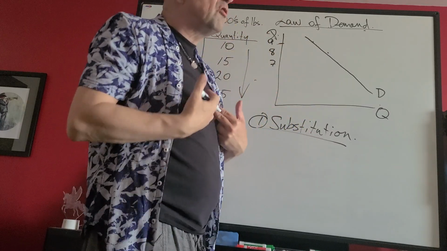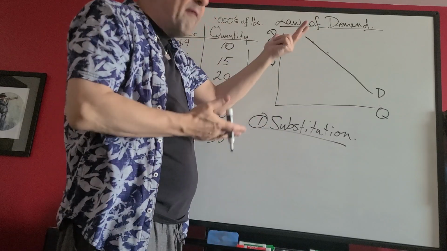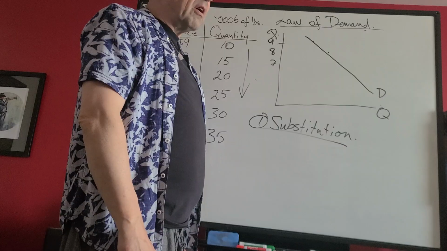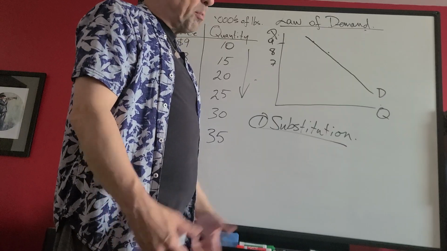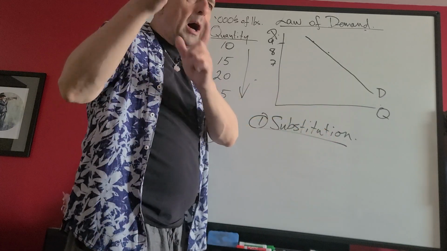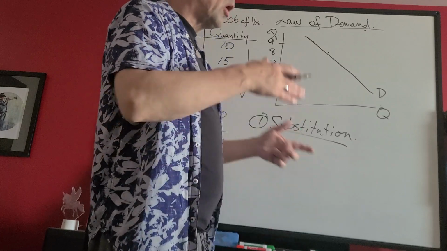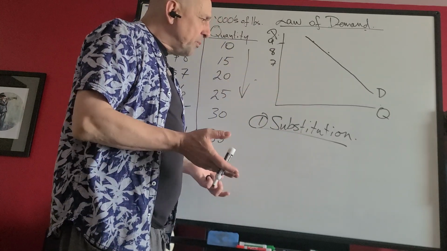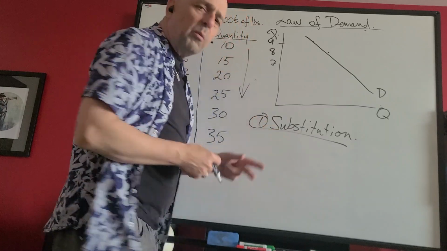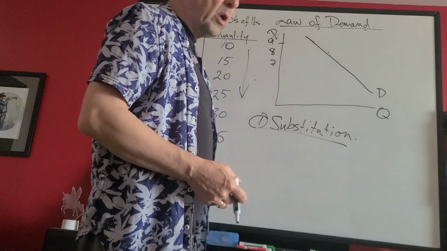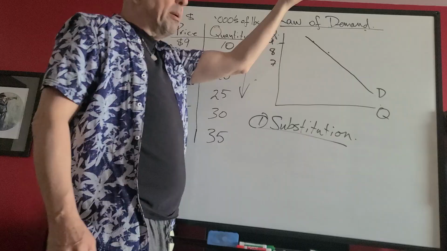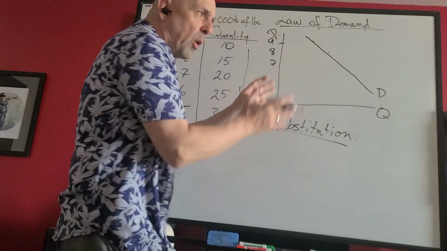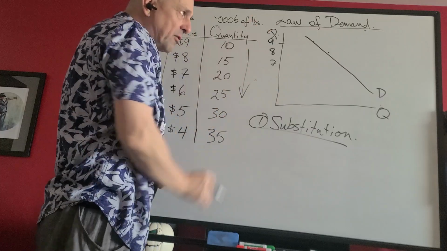So people will tend to substitute. If the price of coffee is too high, I might buy tea. If the price of tennis shoes goes up, I might buy a different type of shoe. There are all kinds of ways in which we substitute one thing for another. If the price of beef goes up too much, I might eat more chicken, right? And so I'll demand less beef as the price goes up.